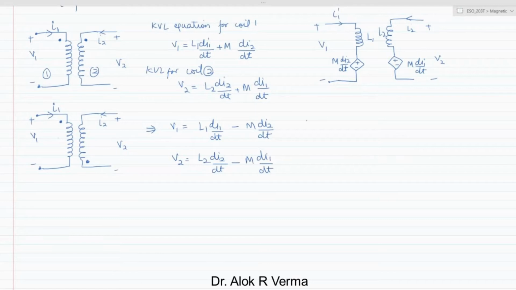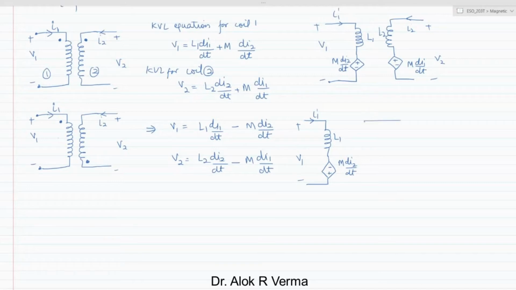So from here, if you try to draw the circuit with the dependent voltage, this is V1, I1, L1, this is M di2 by dt, and it is negative, right?